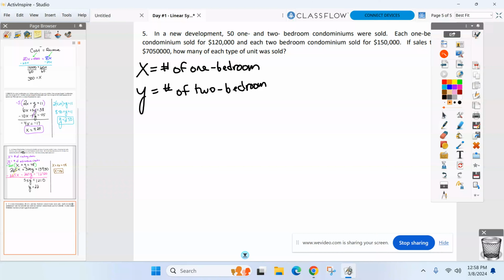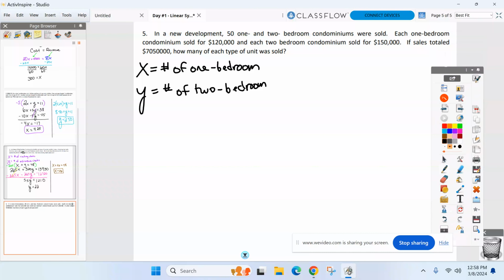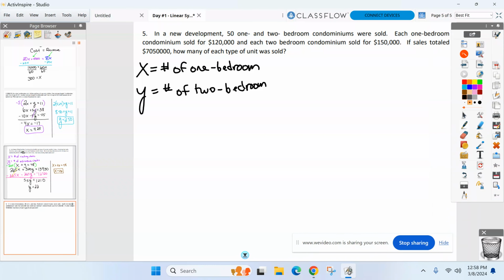Money stays with money. Keep remembering that. So if we want to do the money equation first, how much was it for a one bedroom? 120,000 x plus two bedroom, 150,000 y.